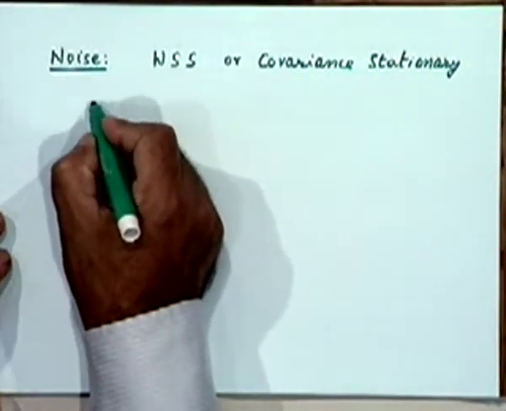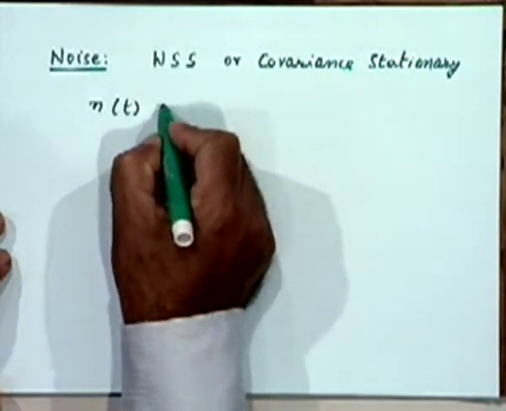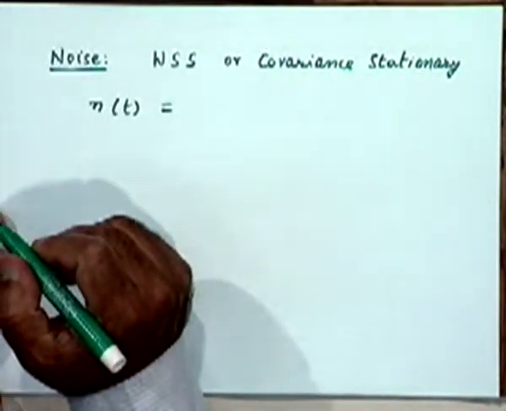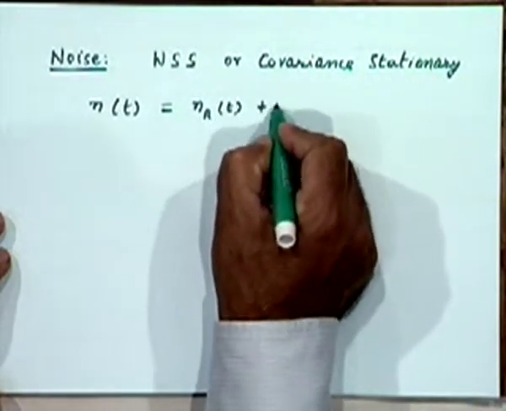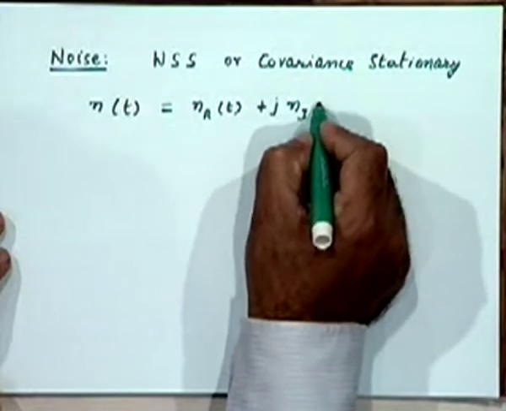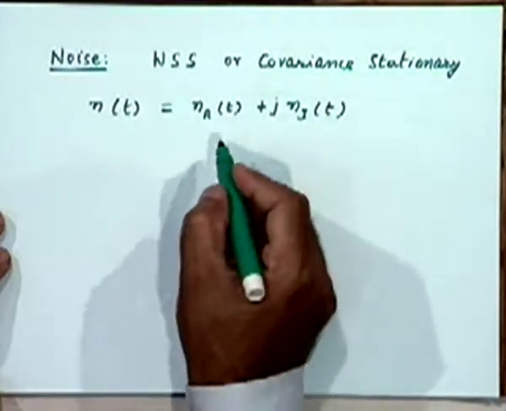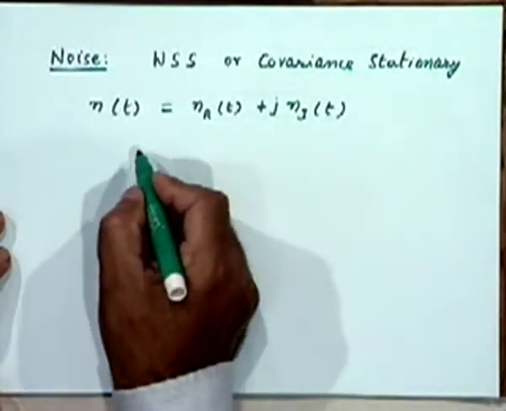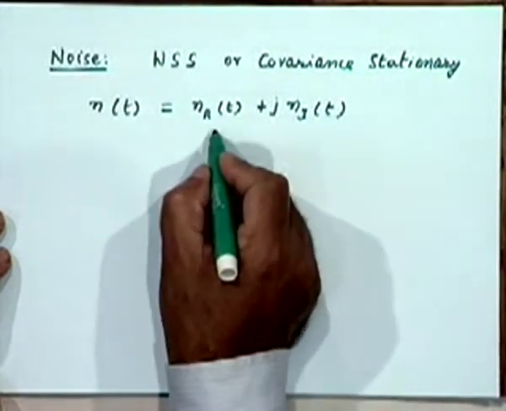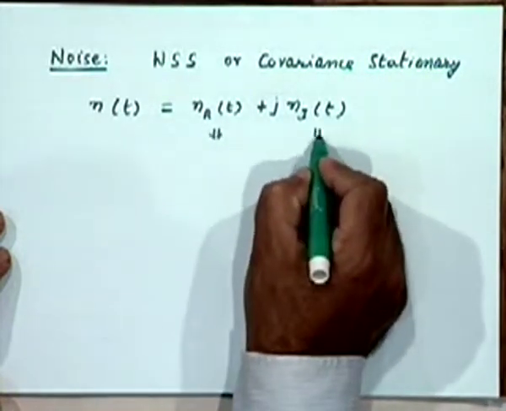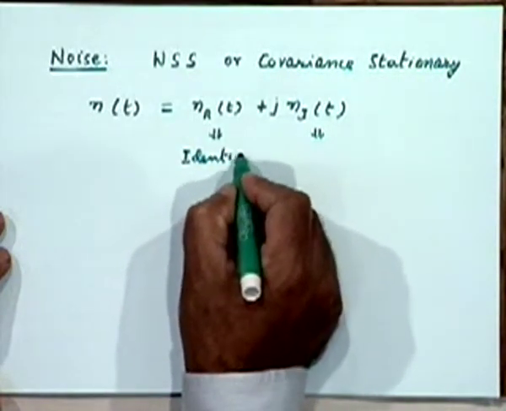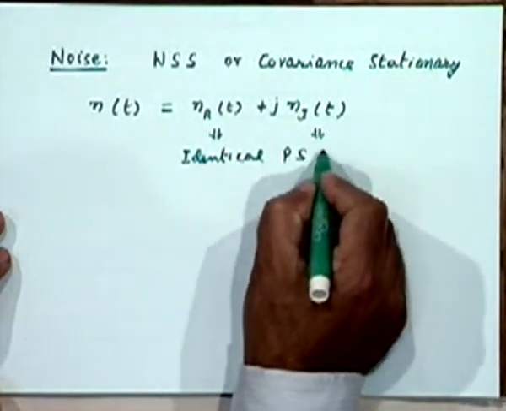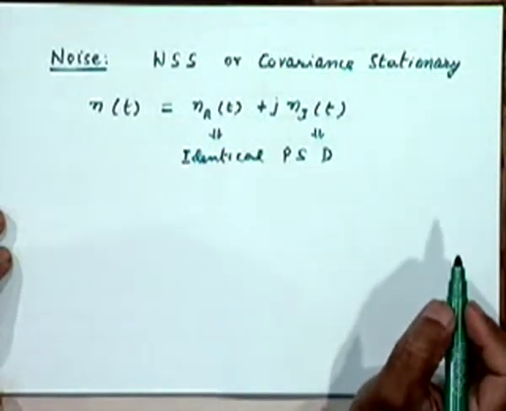So, in general, we can take the noise also to be a complex random process, a complex valued random process, having a real part and an imaginary part. And we will assume, and it is a reasonable assumption, that both the real and imaginary parts, if they exist, have identical power spectra, identical power spectral density functions.